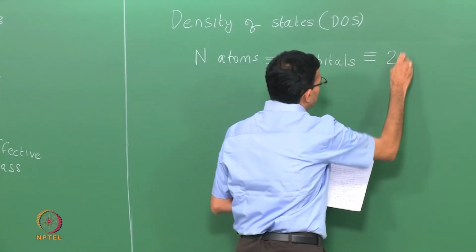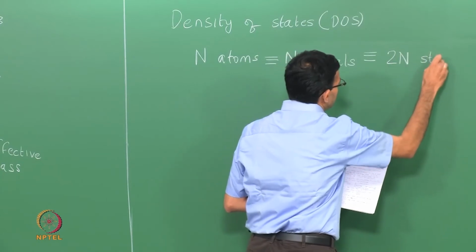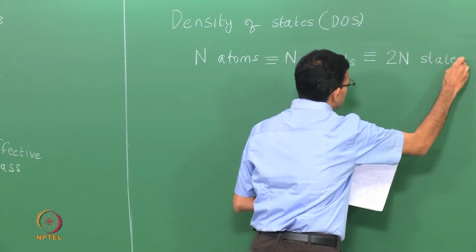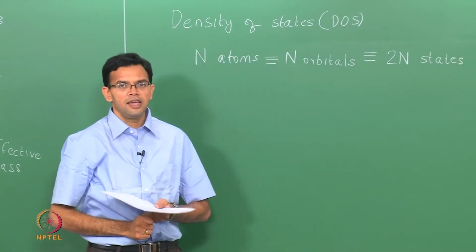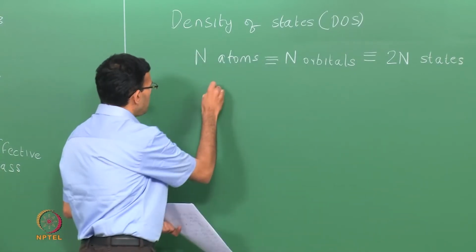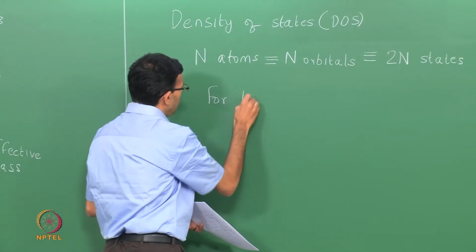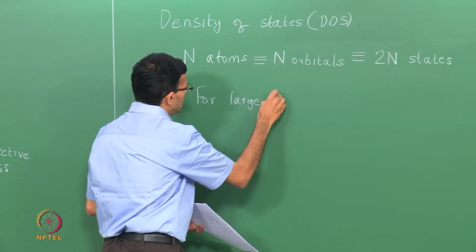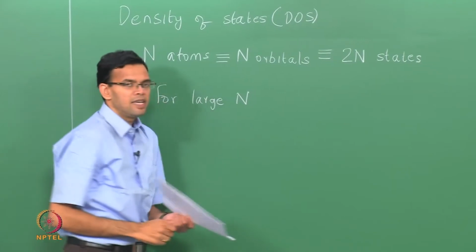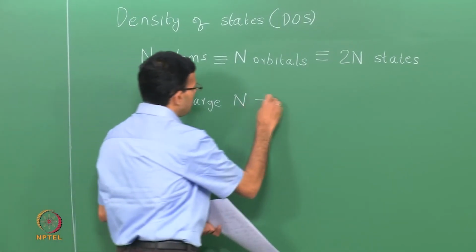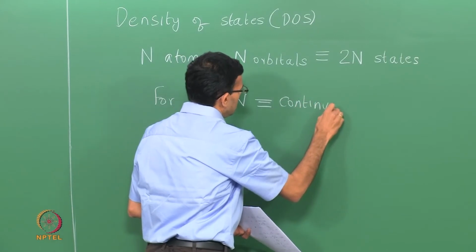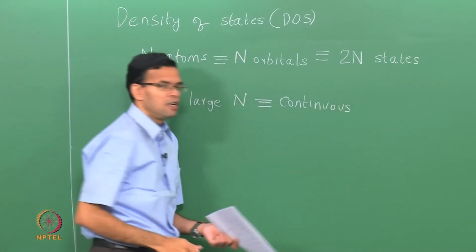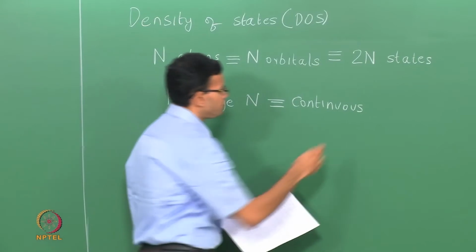So you have a total of 2n states. These states are discrete, but for large values of n, the spacing between the states are so close that we can take it to be a continuous change in n. So, we have a band.